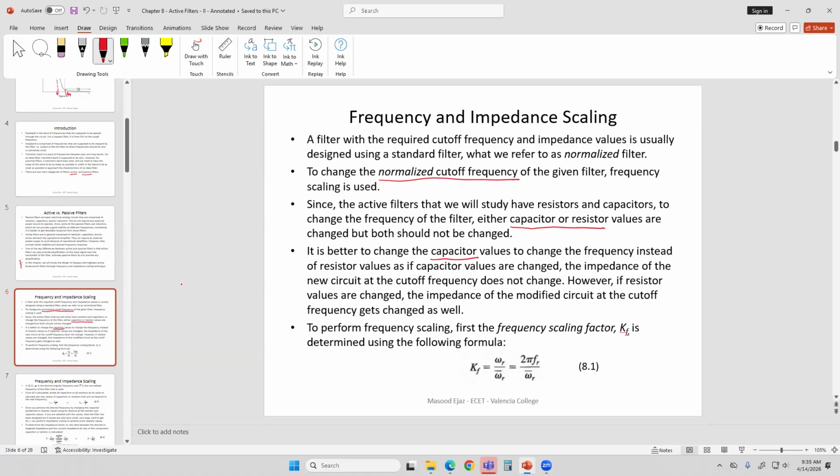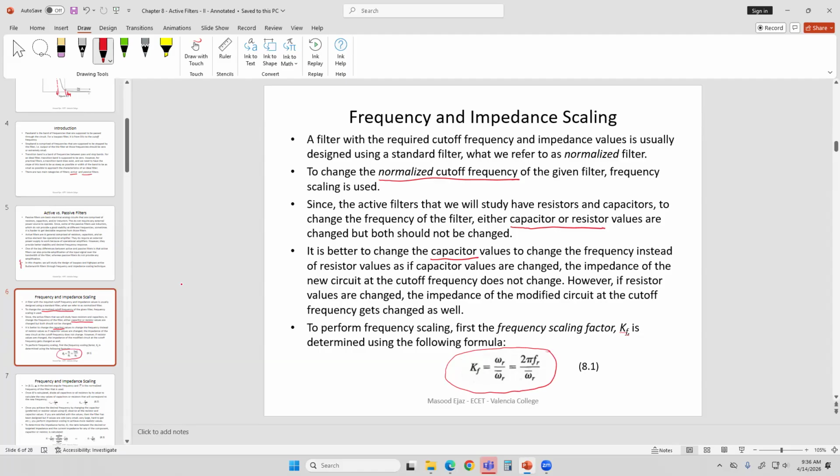2 things we have to do: frequency scaling and impedance scaling. Frequency scaling is done using the frequency scaling factor. What is the frequency scaling factor? It is the ratio between your required frequency and the normalized frequency of the system.